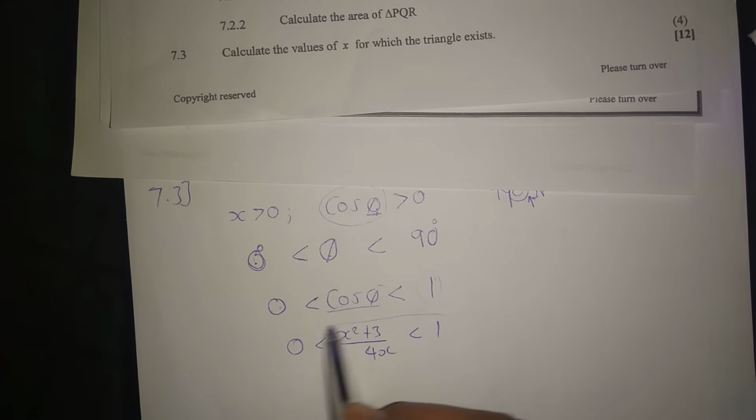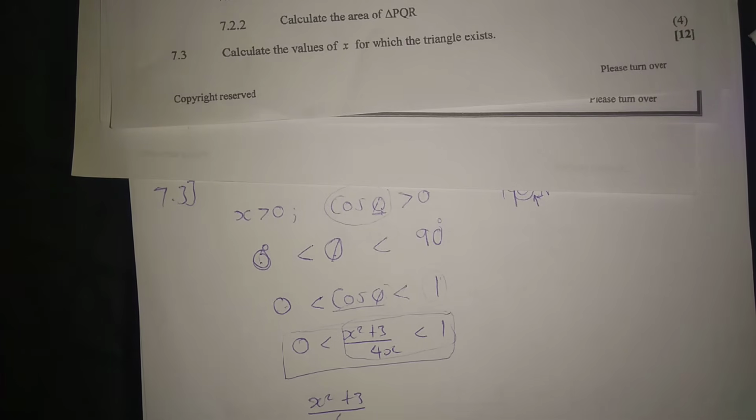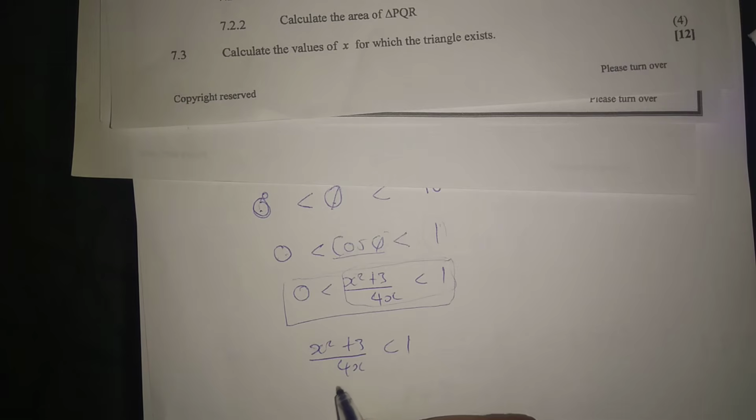So this is a quadratic inequality, and we solve it as a quadratic inequality. We take x squared plus 3 divided by 4x and cross multiply.